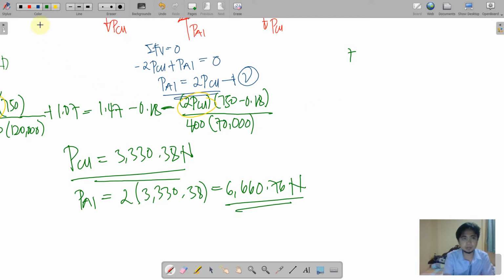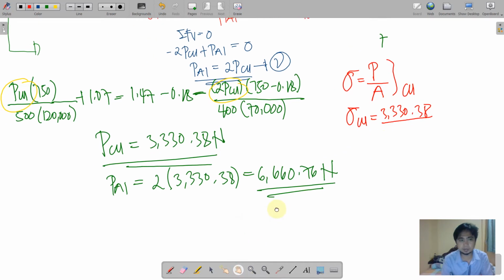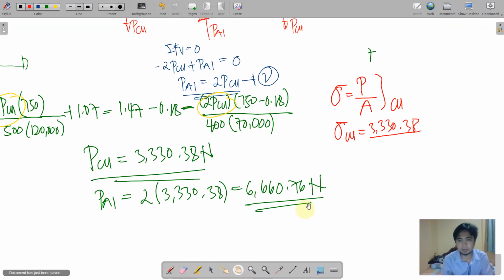We just apply this formula. Sigma is equal to P over A. Say for copper, sigma for copper is equal to 3,330.38 divided by the area of copper, which is 500.